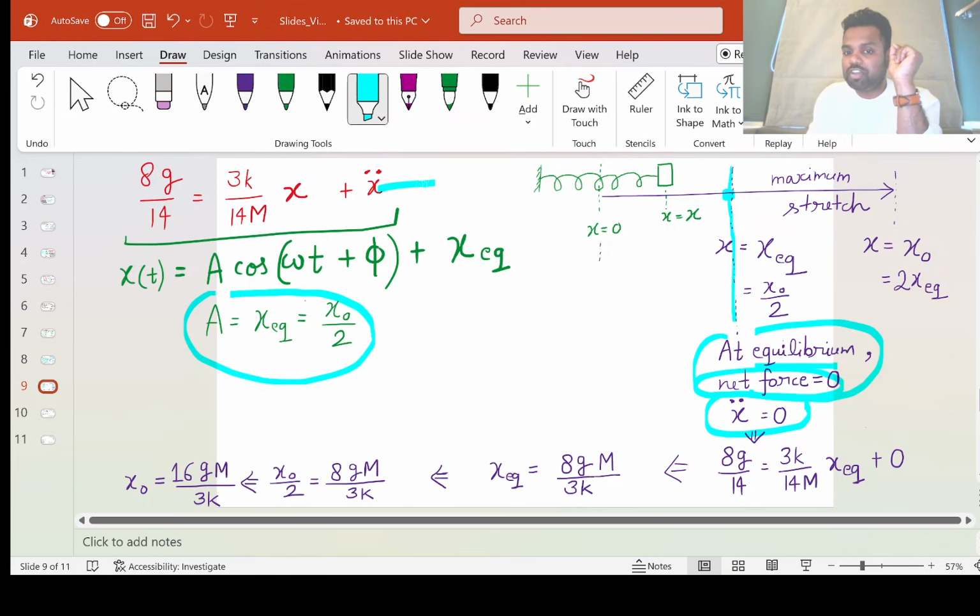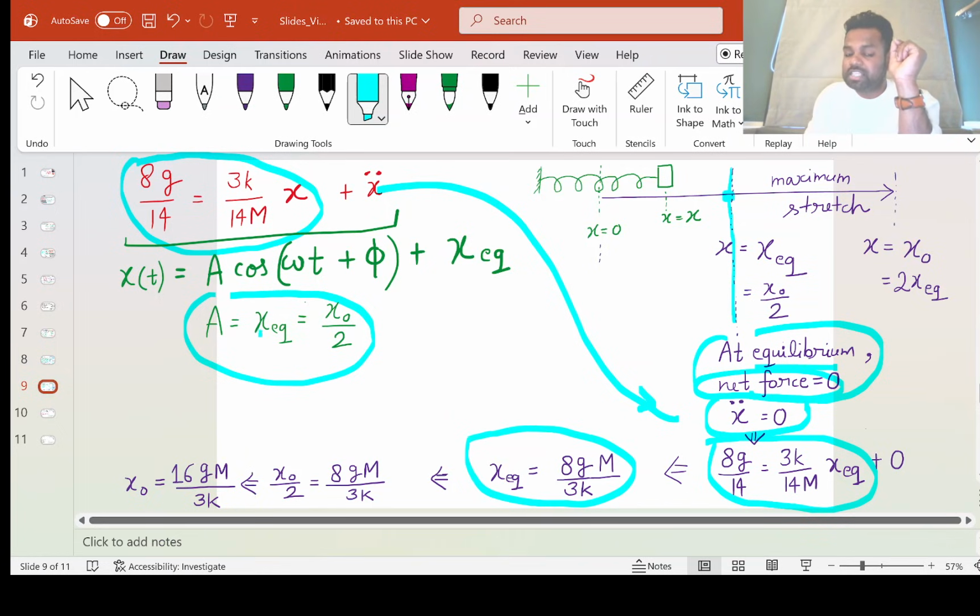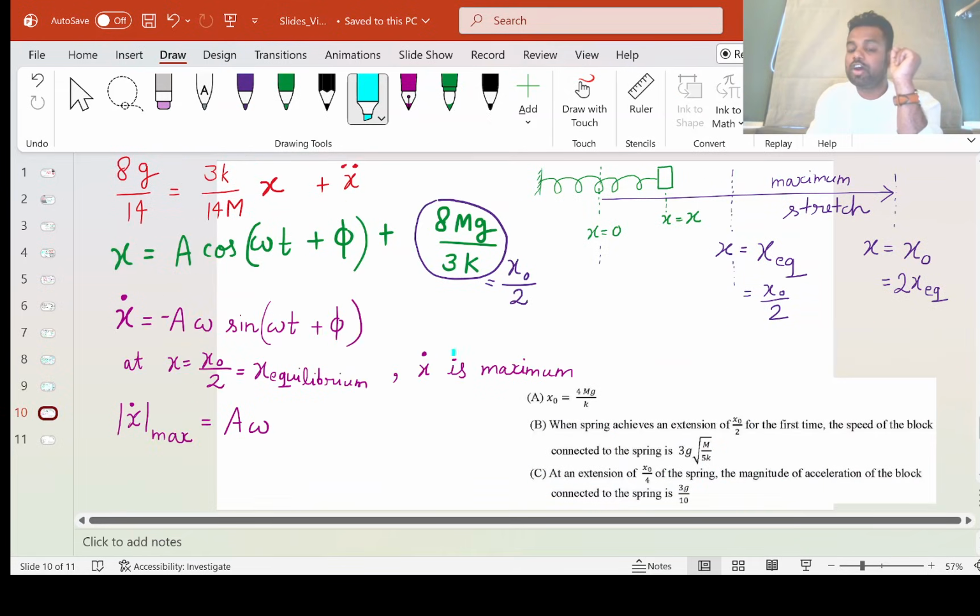So in this equation, if you put x double dot 0, you get this, and from here you can calculate x equilibrium is 8 mg by 3k. And we know x equilibrium is x naught by 2, so we get x naught 16 mg by 3k. Now you go here. So x naught is 16 mg by 3k, so this is incorrect. And remember, option D was correct.